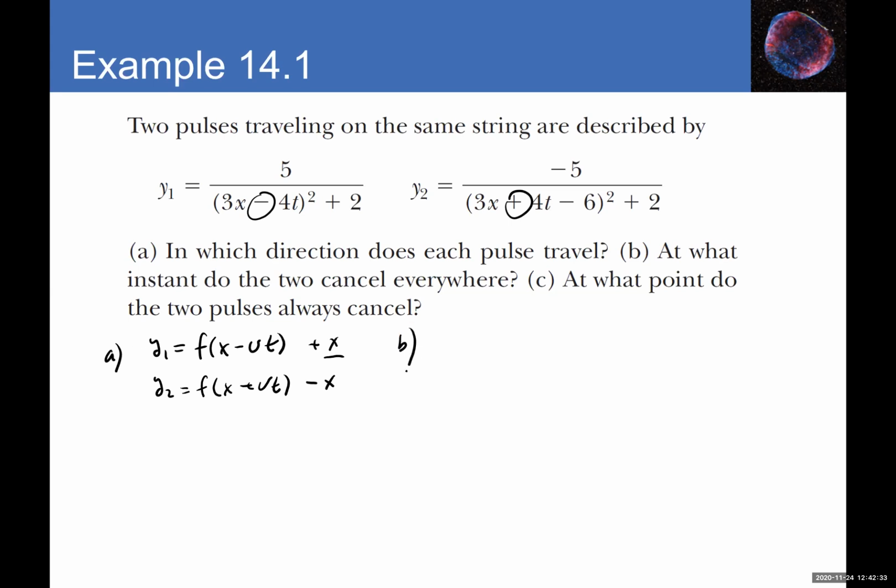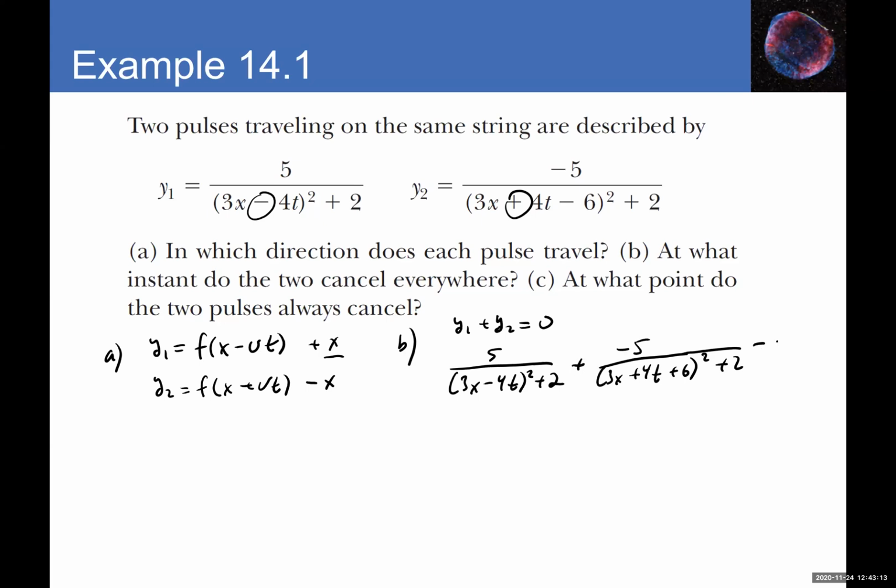All right, so for part B, what we have is y1 plus y2 equals 0. So what we're going to do here is say it's 5 over (3x minus 4t) squared plus 2 equals then -5 over (3x plus 4t plus 6) squared plus 2. Oh, sorry.